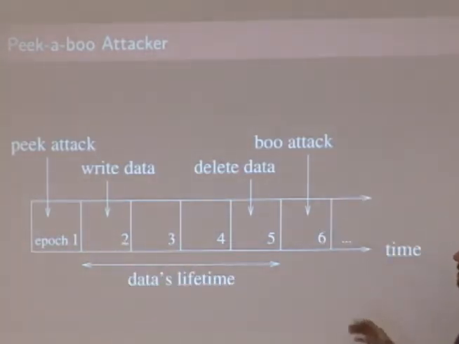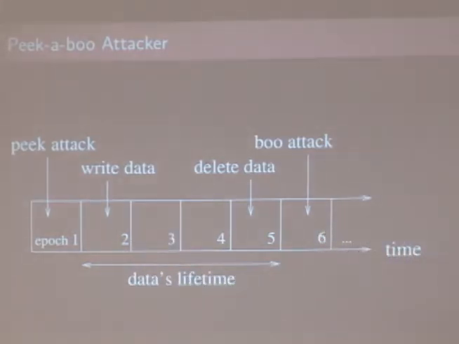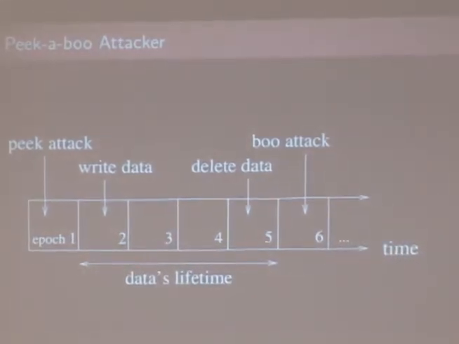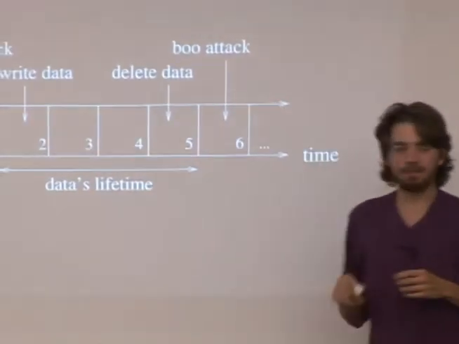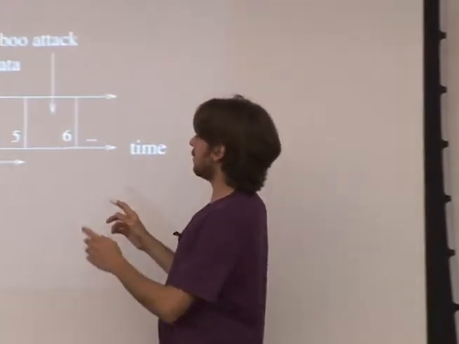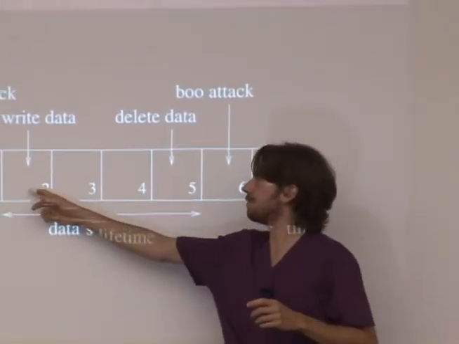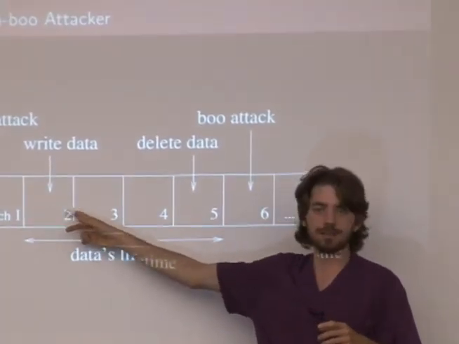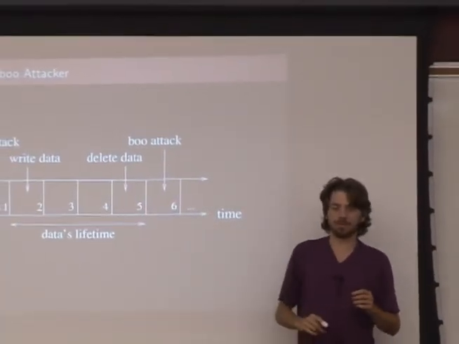The idea is, first we divide the lifetime, or the time, into discrete epochs, which we call purging epochs. Between the boundary of two epochs, we can perform some purging operation, in our case, purging the KSA. So the data lifetime consists of all of the purging epochs, starting from the one when it was written, and ending at the end of the last one when it was finally deleted.